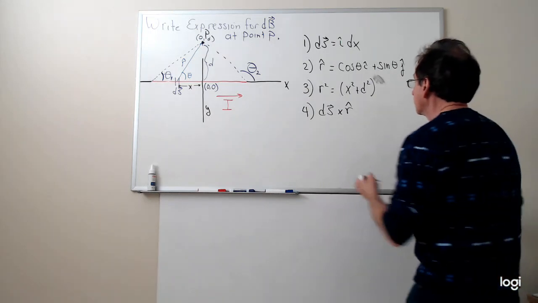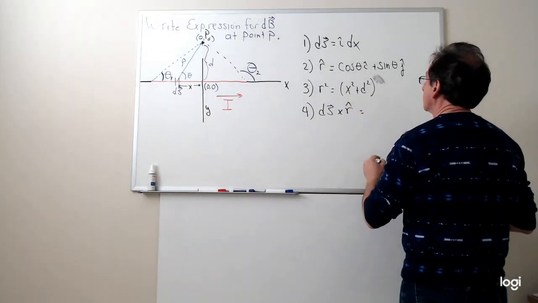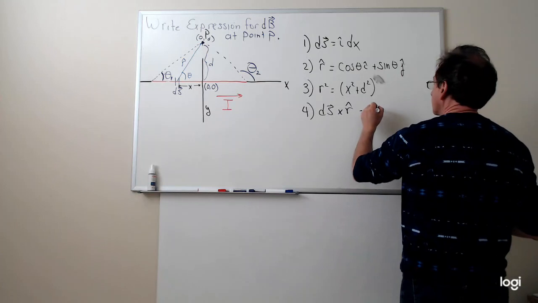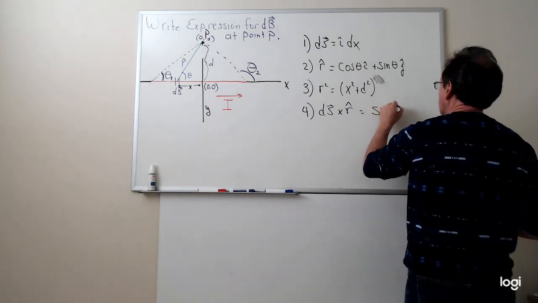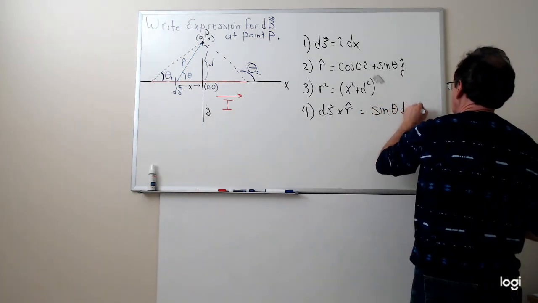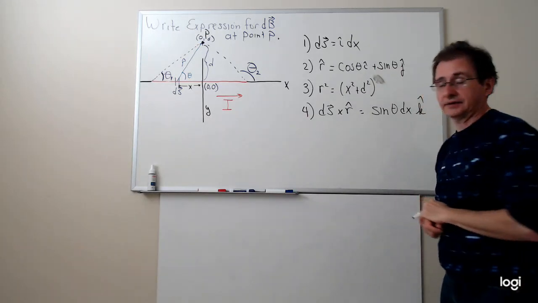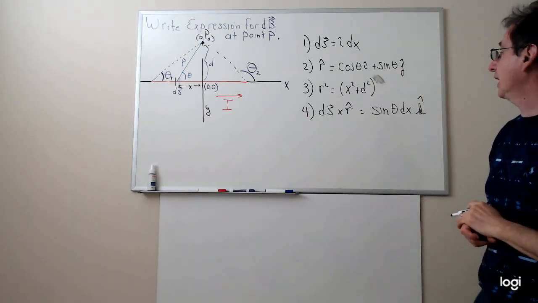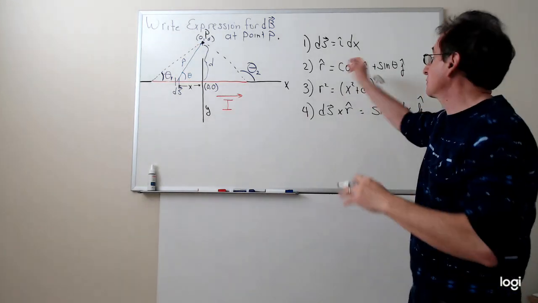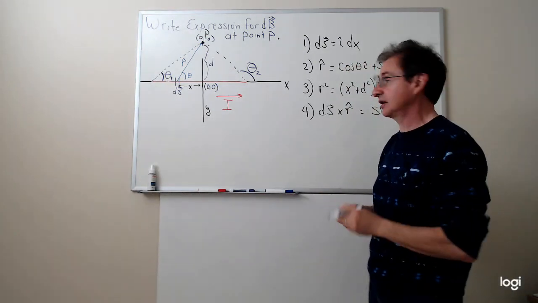And so this is going to be that. If you don't see that right away, you can always set up the determinant to calculate the cross product.